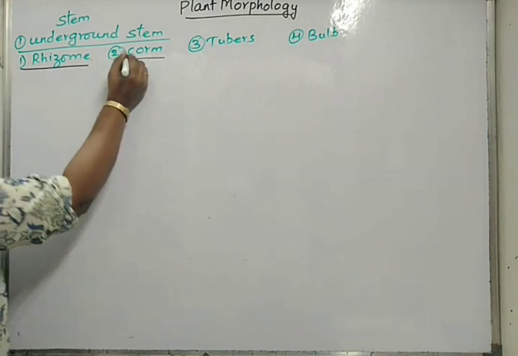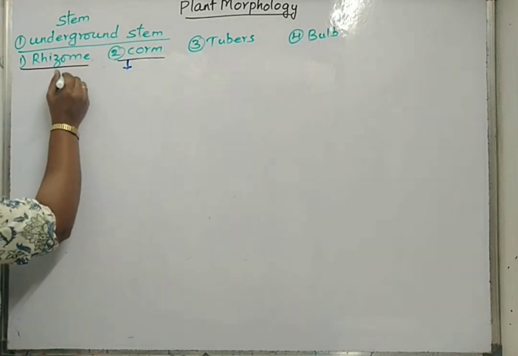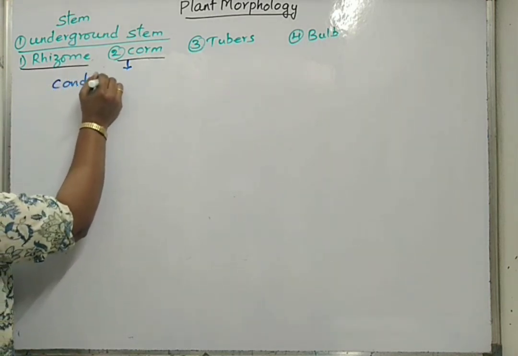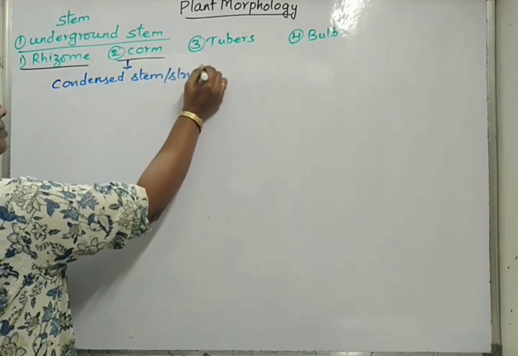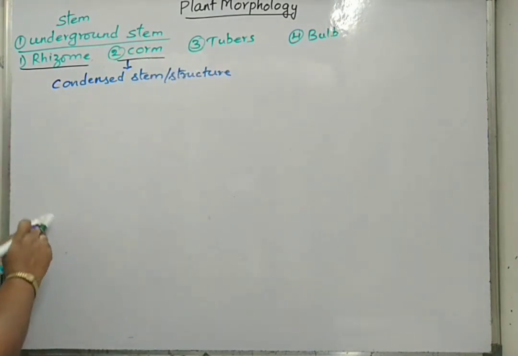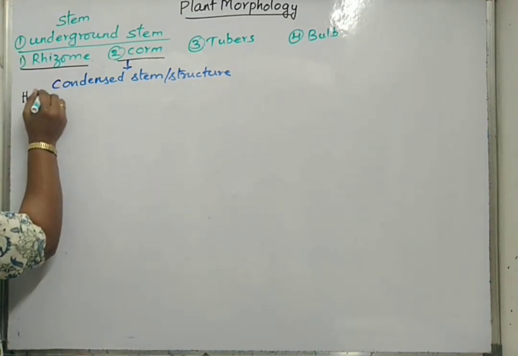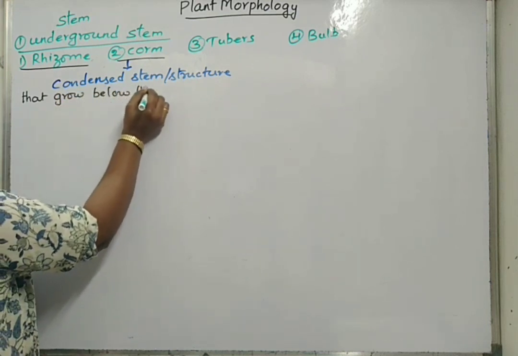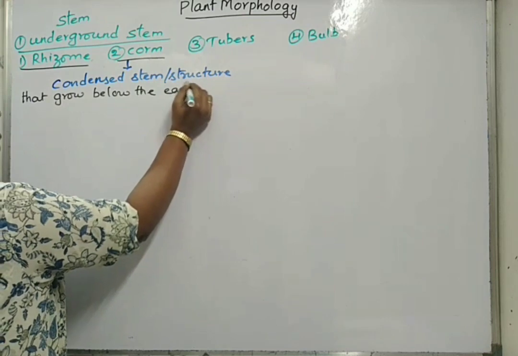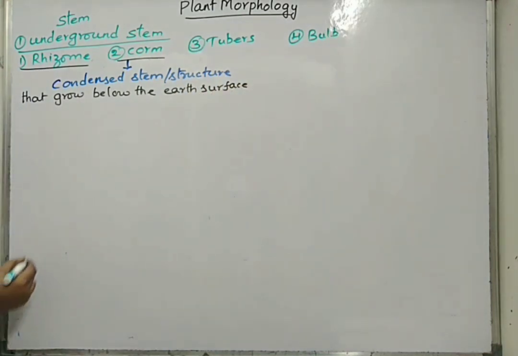Next about corm. Corm can be defined as a condensed structure that grows beneath the soil surface. Condensed stem or structure below the earth surface.